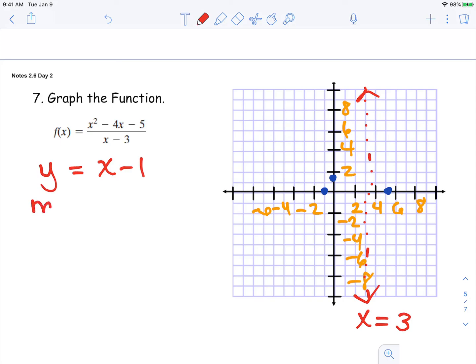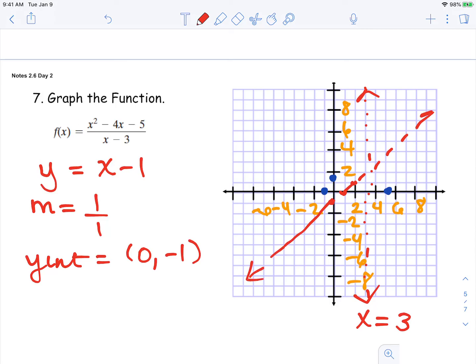So we're going to graph the slope and the y-intercept. So our y-intercept is negative 1. Our slope is 1. So there's our slant asymptote. All right.